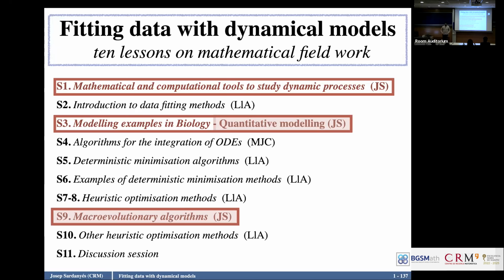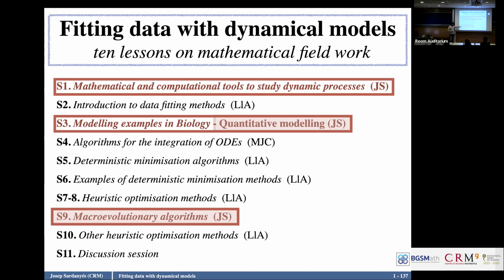These algorithms are not so usual in the literature. So when you look for data fitting, apart from the deterministic methods, the Levenberg-Marquardt or gradient descent, you usually find genetic algorithms.